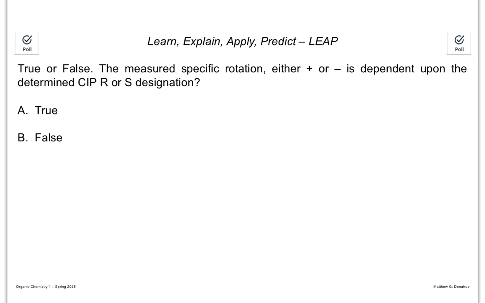So true or false, the measured specific rotation, either plus or minus, is dependent upon the CIP R or S designation. So that's false.